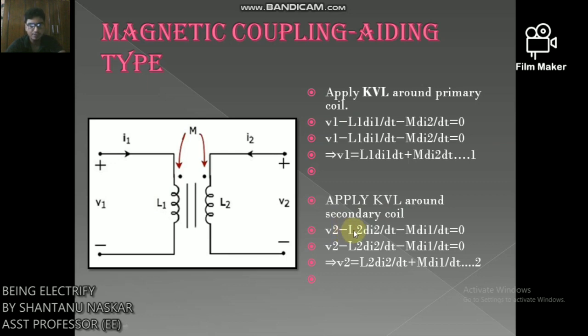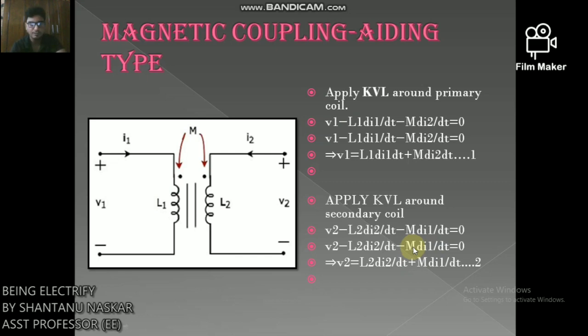V2 minus L2 di2 by dt minus M di1 by dt equals 0, or V2 equals L2 di2 by dt plus M di1 by dt. This is equation 2. In equation 1 and equation 2, the self-induced voltage and mutually induced voltage have the same polarity. Hence, the above transformer circuit is an example of magnetic coupling, which is of adding type.